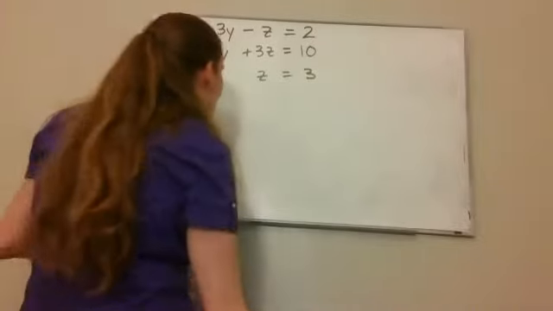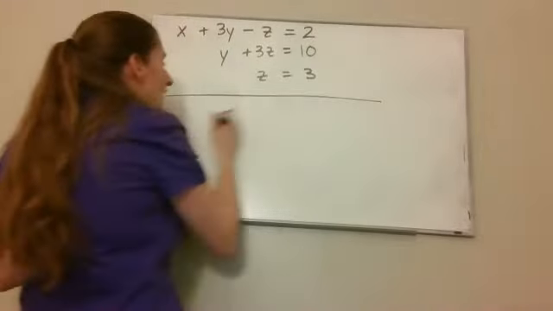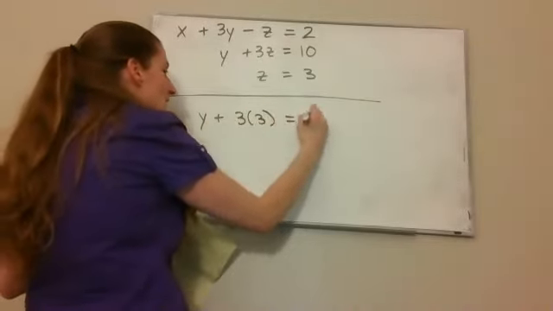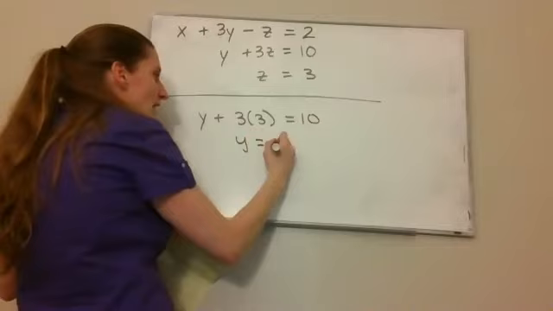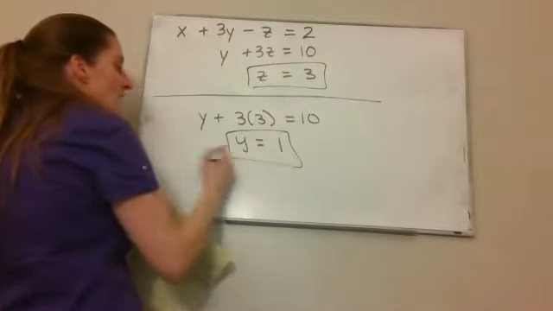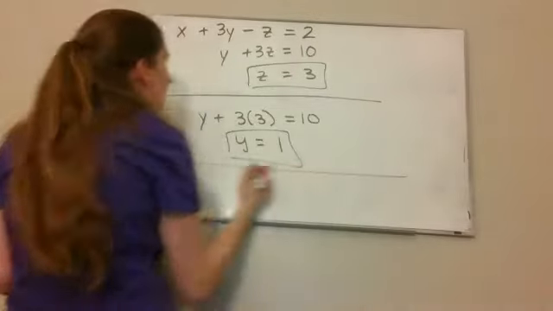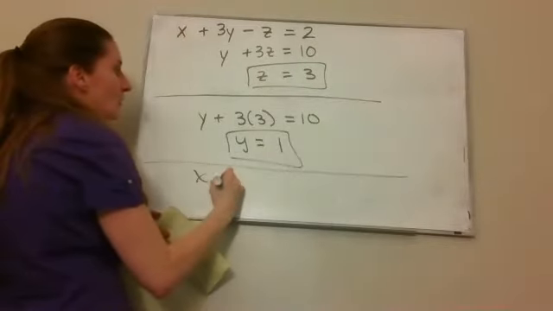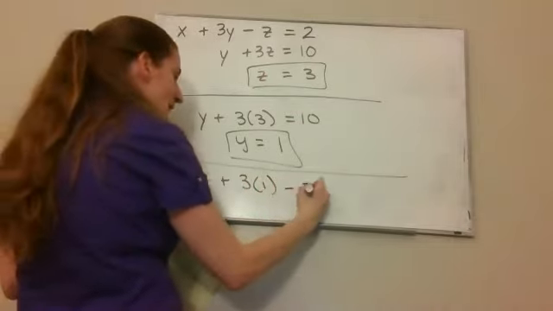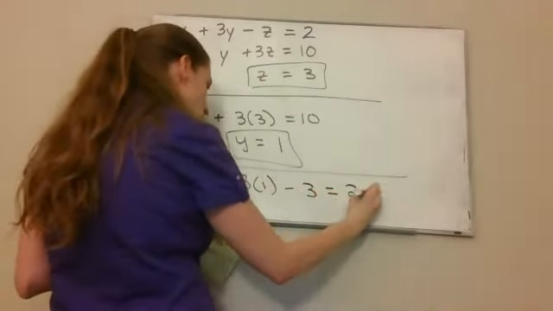So z is 3, and that means that y plus 3 times 3 is 10. So y is 1. And then taking the very top equation, I get x plus 3 times my y minus my z equals 2.